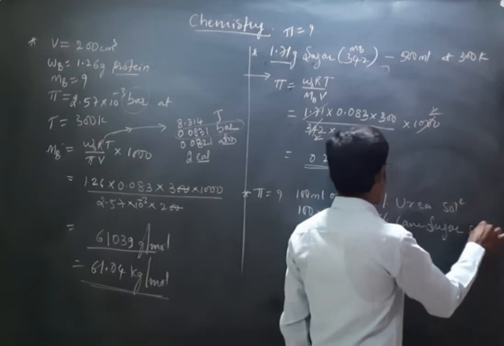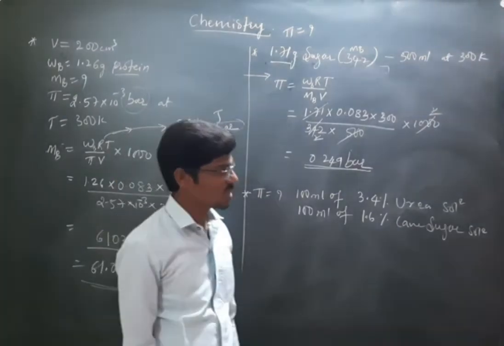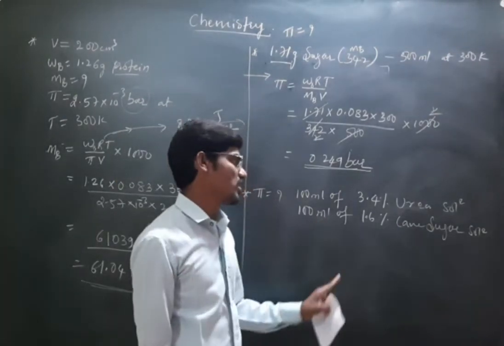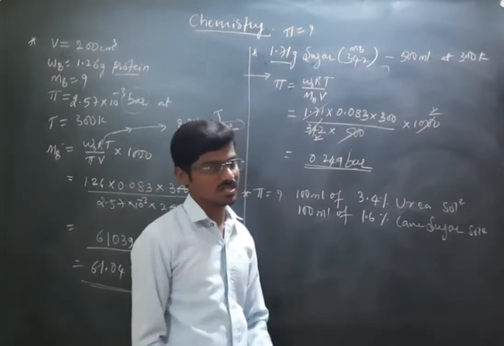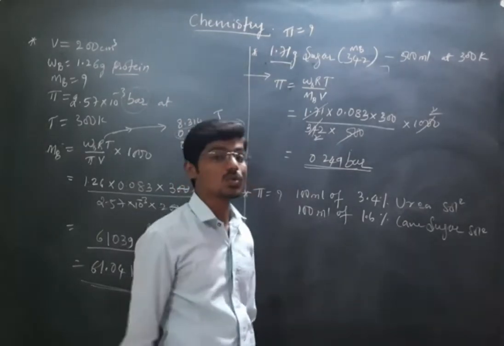So here I have taken 3.4% urea solution and 1.6% cane sugar solution, and both 100 ml are mixed. Then what will be the osmotic pressure of that resultant solution?